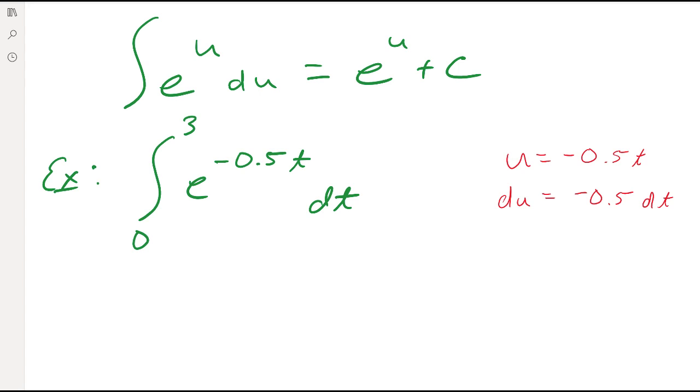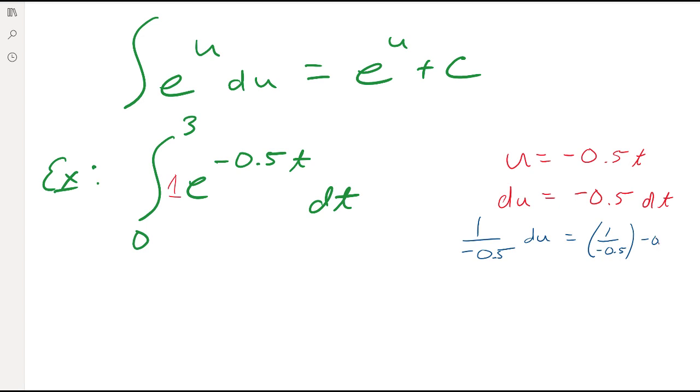But we notice in our integral we only have an understood 1 dt. So hopefully you guys now know the pattern from previous videos: we take the fraction that we need to multiply both sides of our du equation by, which is 1 divided by negative 0.5. Remember, you take the coefficient of the differential in your integral and divide it by the coefficient in your work.